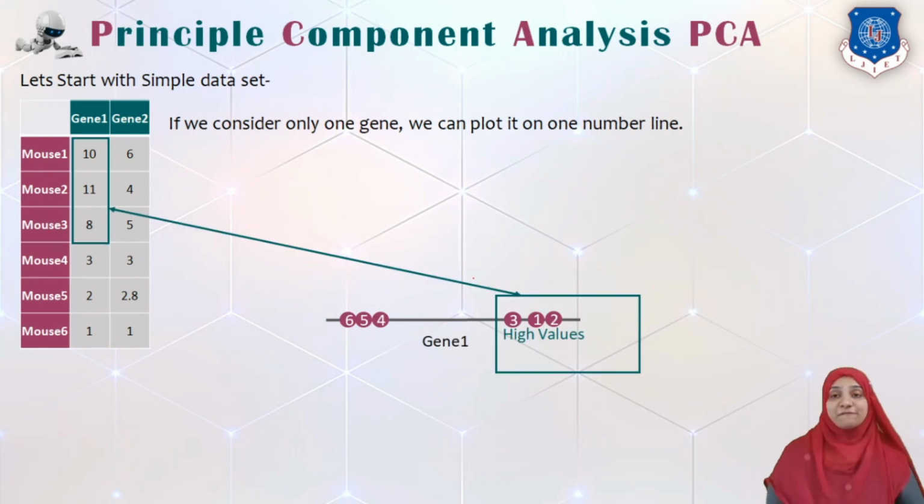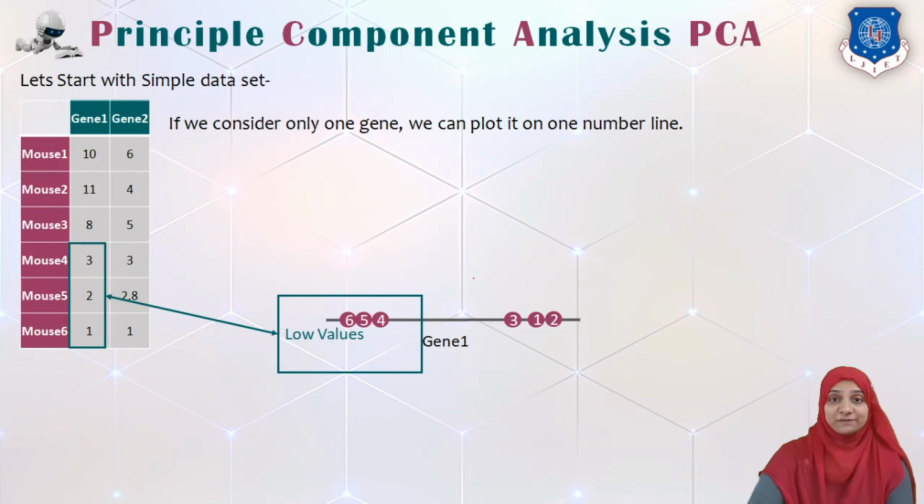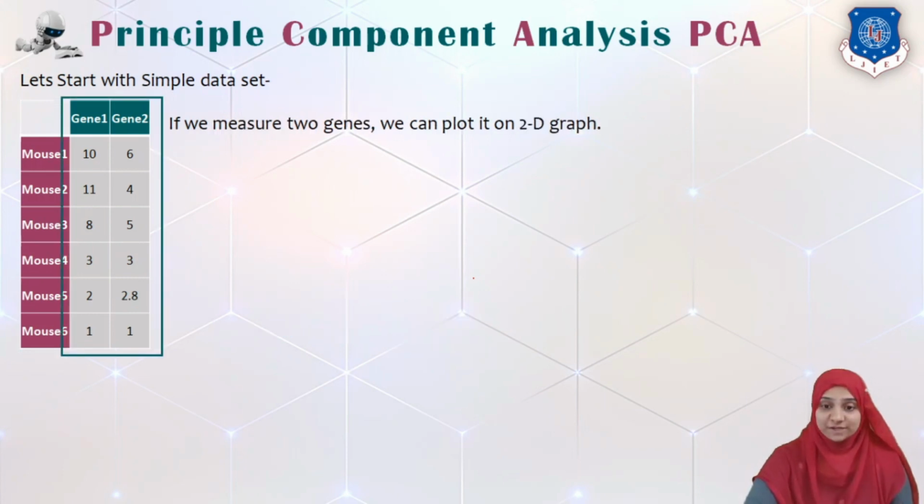We can identify that mouse 1, 2 and 3 are having high value of gene 1 and mouse 4, 5, 6 are having low value of gene 1. So we can easily identify the grouping among them. We can identify the set of mouse having the same type of gene.